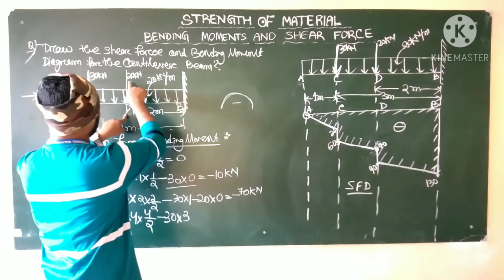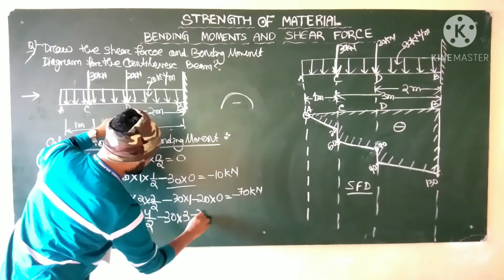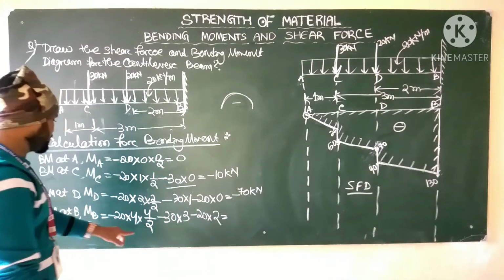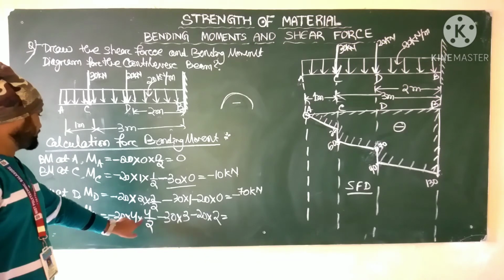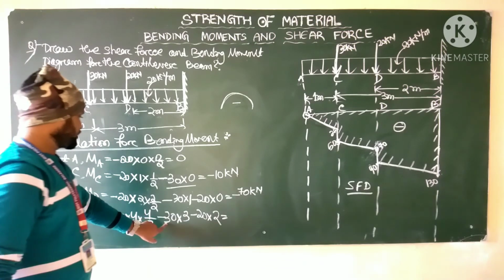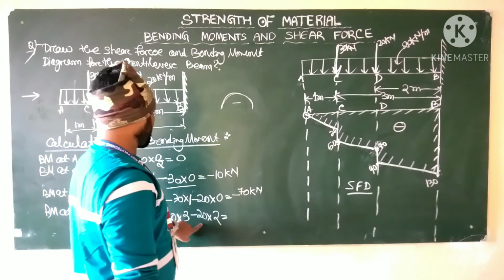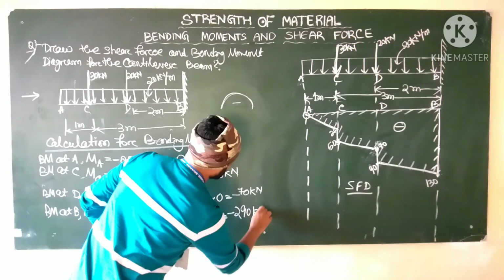Next at point D there is a point load of 20 kN, from D to B the distance is 2 meter, so minus 20 into 2. Calculate: 2 cancel out, 80 into 2, 160, plus 90, 250 plus 40, 290, minus 290 kilonewton.